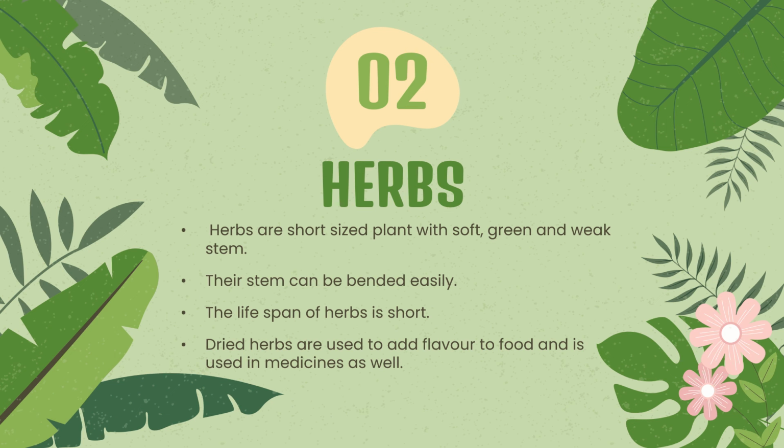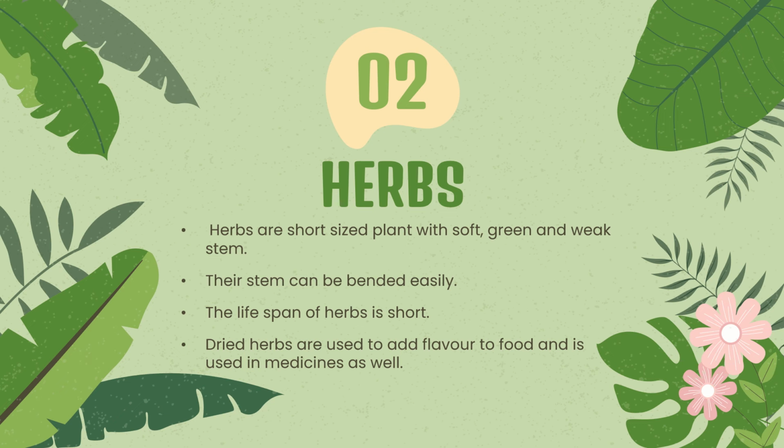Dried herbs are used to add flavor to food and are used in medicines as well. So the smallest plant type is called herbs. They are very soft. They are mostly green in color. They have a very weak stem. They can be bended easily.